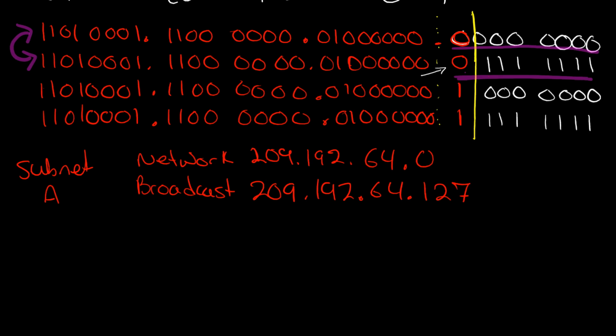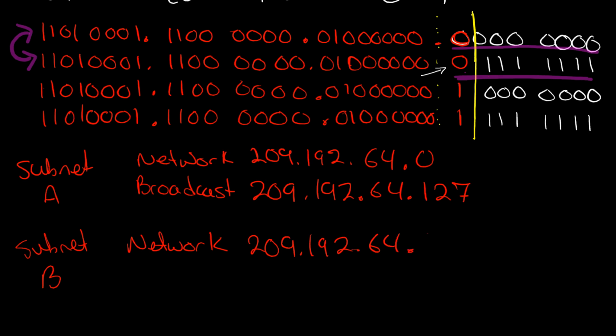Subnet B starts at the network. So the network address for subnet B is going to be 209.192.64.128. We're getting that from these 2 addresses.